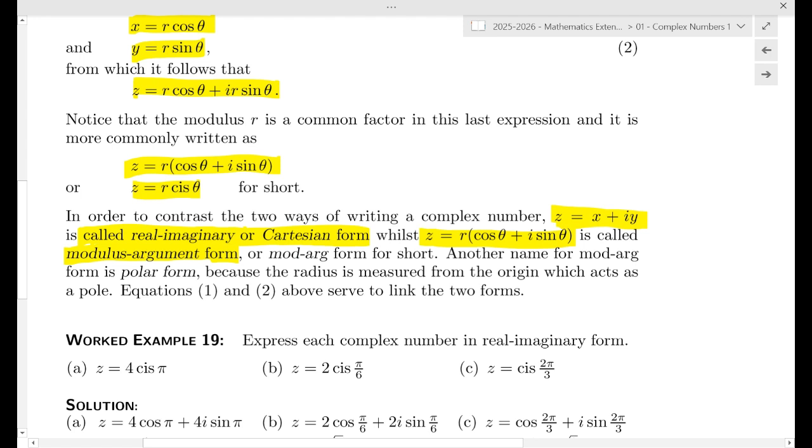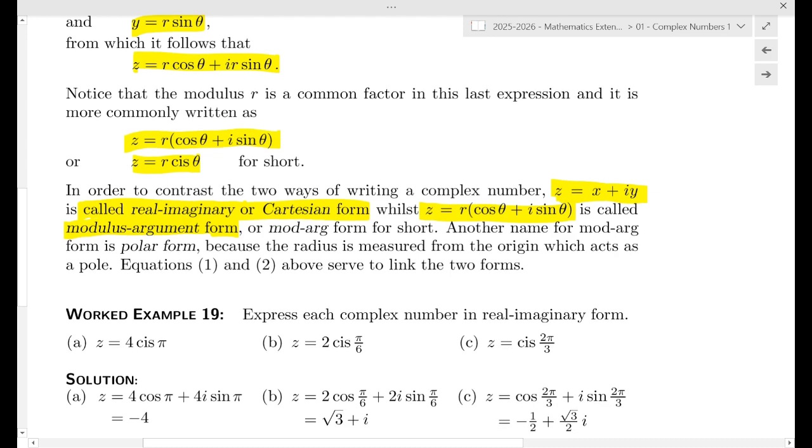What did you get for beta? √3 plus 1. You did the same thing as me, I forgot the i as well. √3 plus i.